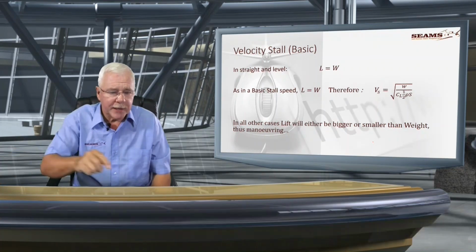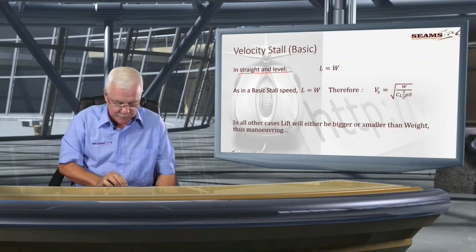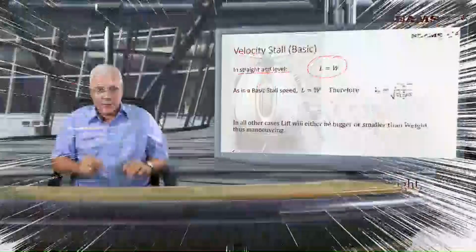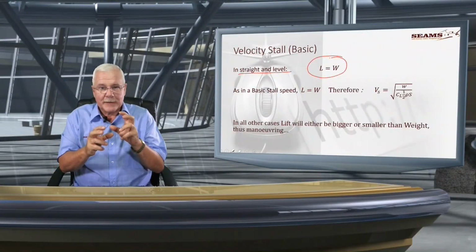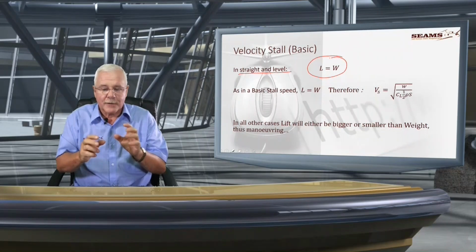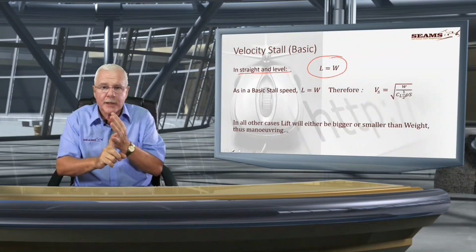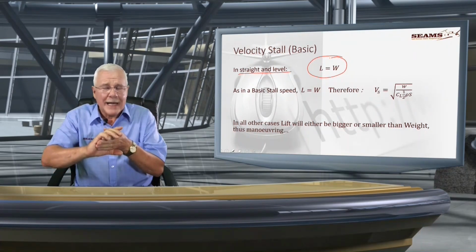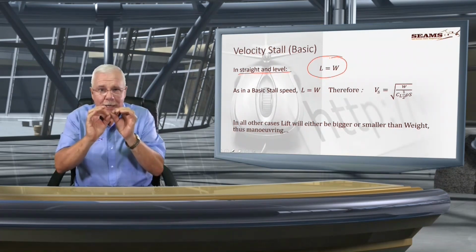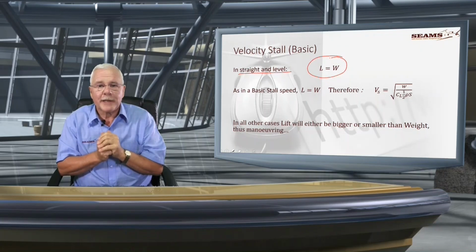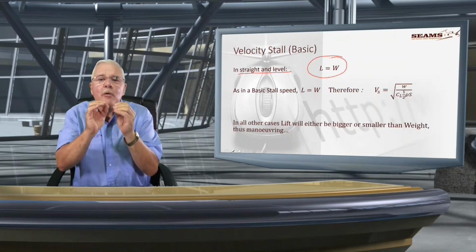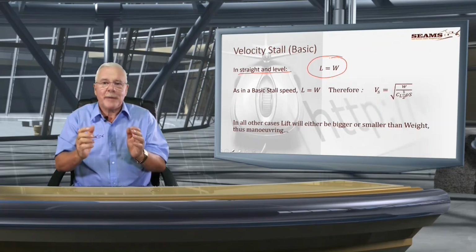And so if we look here, in straight and level, lift equals weight exactly. Now this is the one that we must understand. Anything else, in a climb, in a descent, in a turn, in anything else than where lift is exactly the same as weight, everything else we talk about as maneuvering. I'm not talking about momentarily going through that when you do aerobatics.